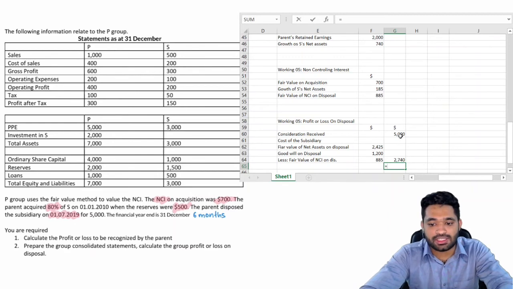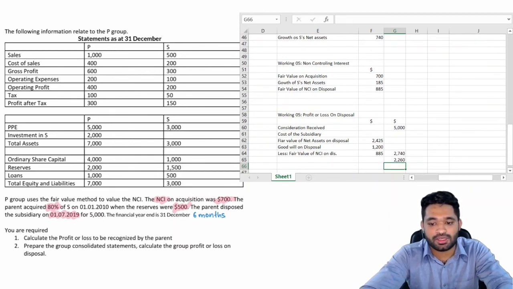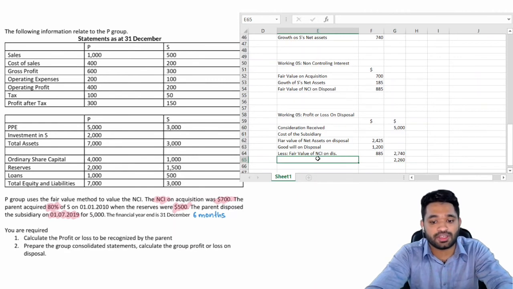So 5,000 minus 2740, 2,260 is going to be your group profit or loss on disposal. So here you are looking at a profit. So you have a group profit on disposal of subsidiary.